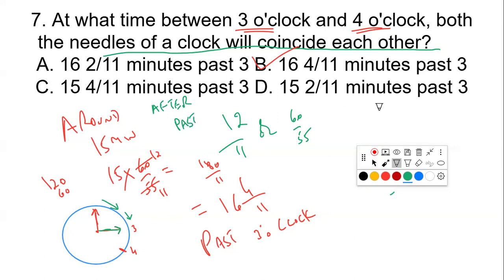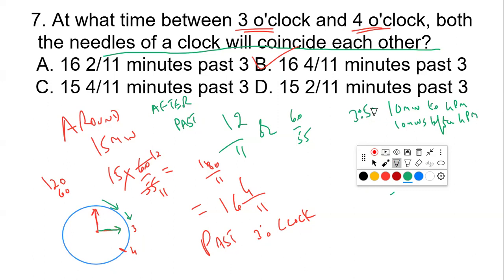Sometimes when somebody is asking you the time, you may say it is 10 minutes to 4 p.m., or 10 minutes before 4 p.m. You are saying the time is 3:50.